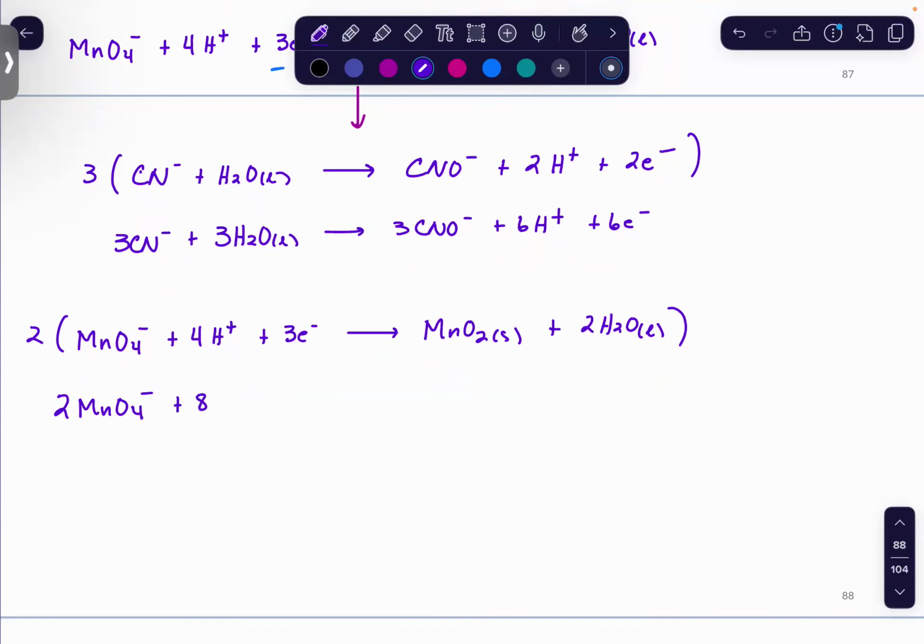Permanganates plus 8 protons plus 6 electrons. It's going to give me 2 manganese oxides. Not a proper name, I'm just getting tired of saying it. 4 H2O, 4 waters. Now, I'm going to take this equation and this equation and add them together.